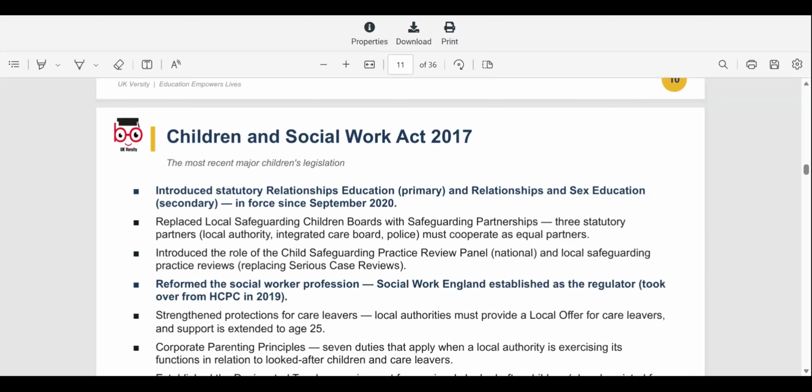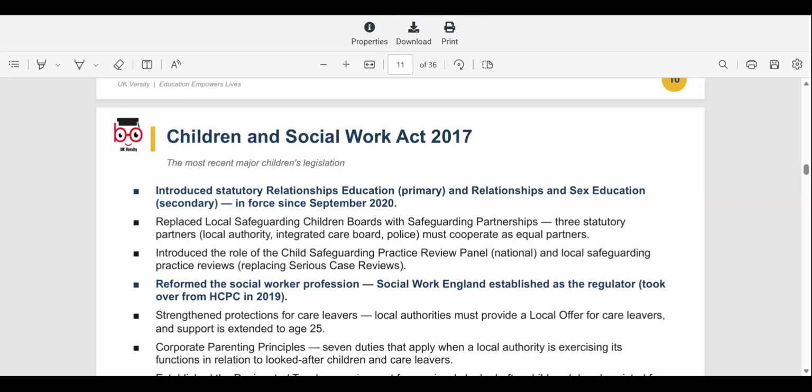Then we have the Children and Social Work Act 2017, and this focuses on improving support for looked after children, reforming local safeguarding partnerships and regulating social workers. It sets out core rules for local authorities to act as the best possible parents for children in care.